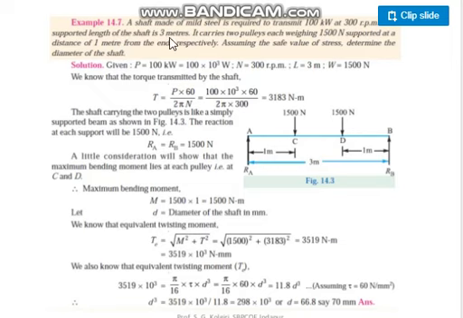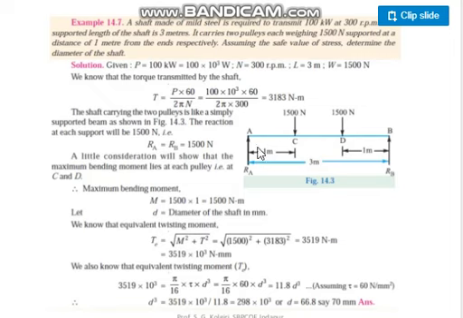Supported length of the shaft means between the bearings. Where you get support, you get the bearings. So the bearings distance is 3 meters. 3 meters means, again you have to convert it into millimeters, 3000 millimeters. It carries two pulleys, each weighing 1500 newtons, supported at a distance of 1 meter from the ends respectively.